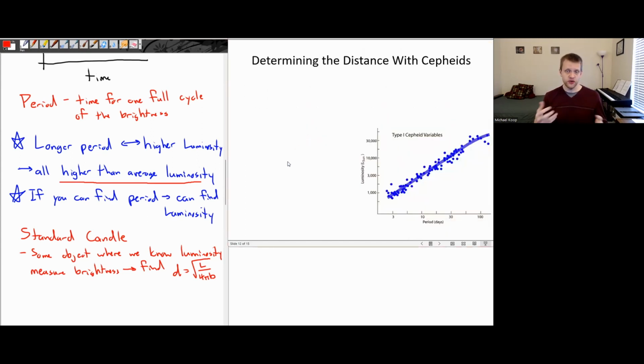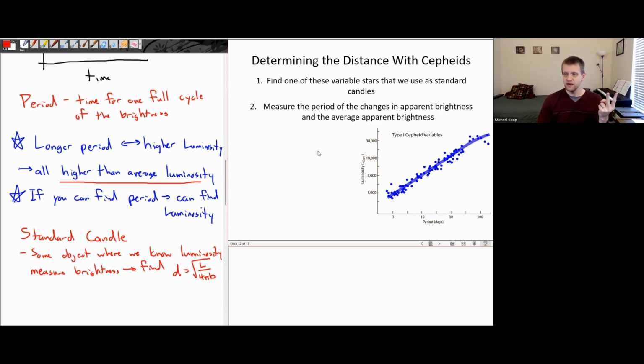So again, if you want to determine a distance with these Cepheid variables, first you just have to scan the sky over the course of multiple nights and try to find one of these variable stars. Then you want to measure the period of the change in apparent brightness. So how long does it take to go through these cycles? And you want to measure the average apparent brightness. If you know the period, you can figure out the luminosity.